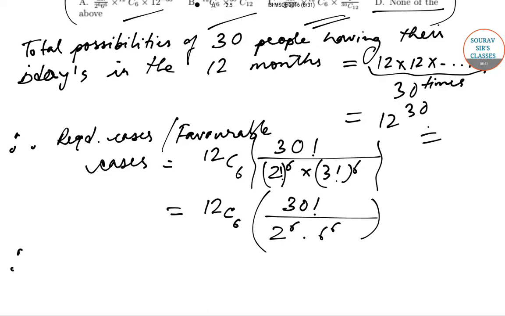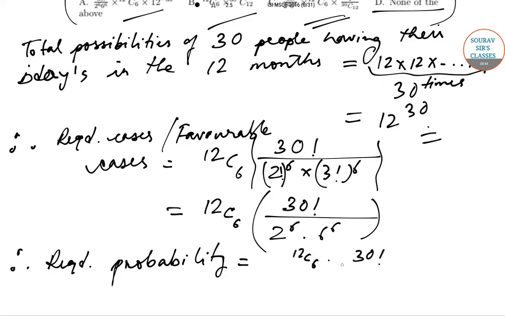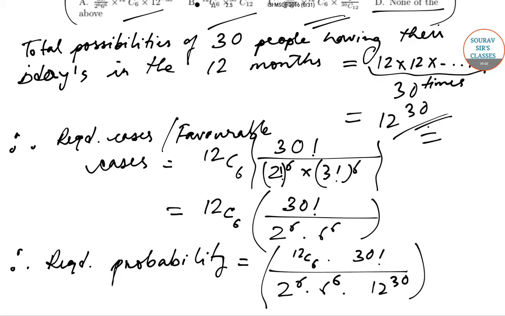So the required probability is the favorable cases, 12c6 into 30 factorial upon 2 to the power 6 into 6 to the power 6, and the total number of cases is 12 to the power 30, which comes in the denominator. So this is equal to option A.